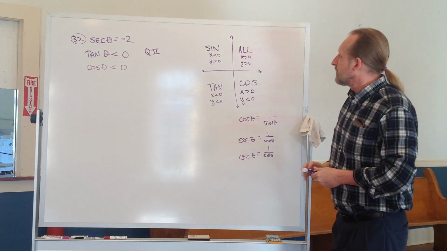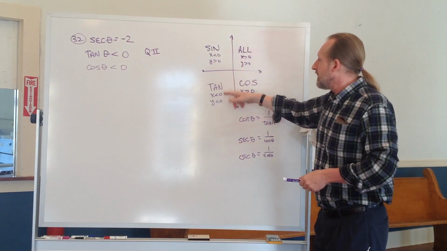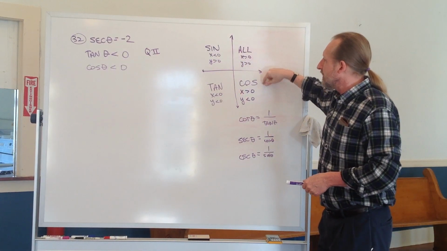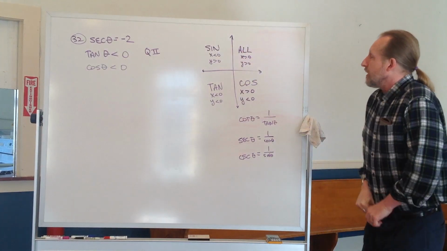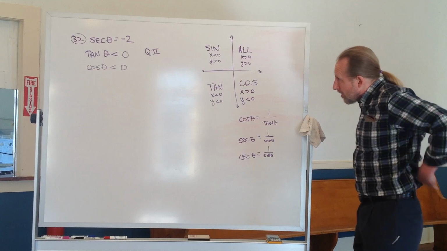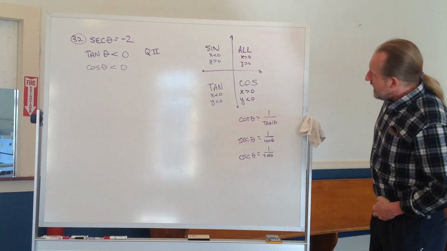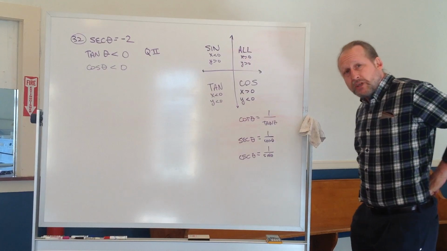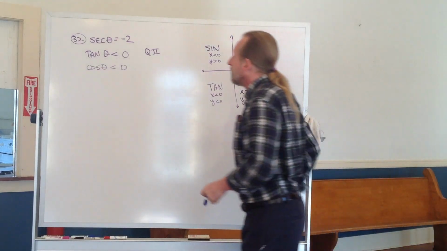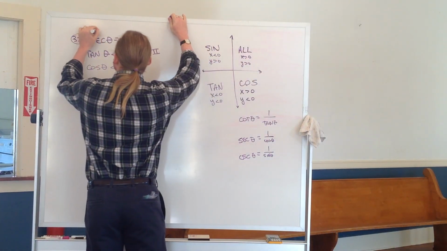Because the tangent is positive here and here, cosine is positive here and here. The only place where they're both negative is in quadrant number 2. So, if the secant is -2, that means the cosine is -1/2, because they're reciprocals.